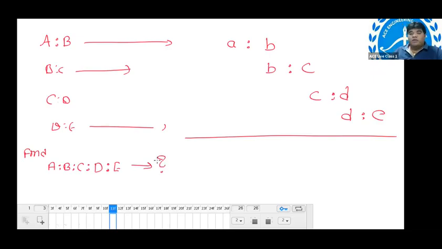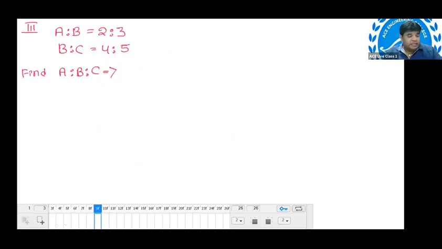This problem is your work, friends. First, concentrate. These two are basic level, not necessary. This one is very important.